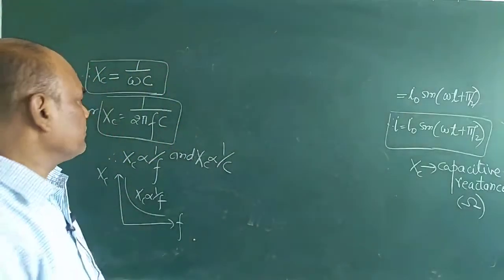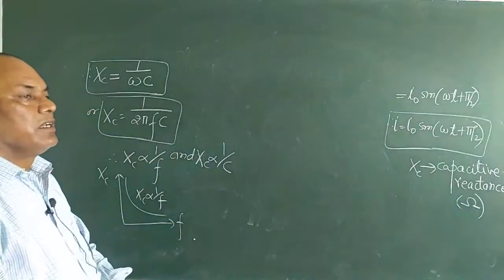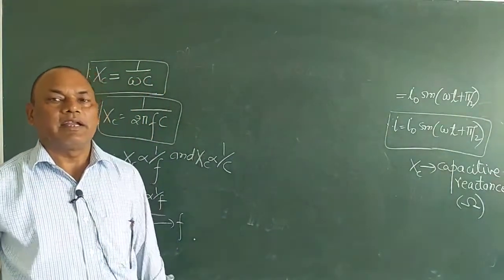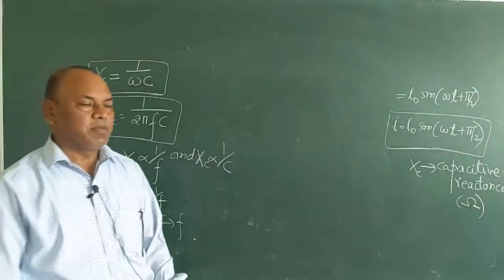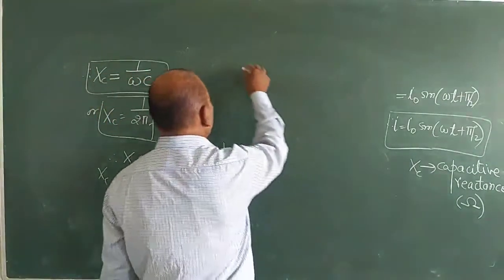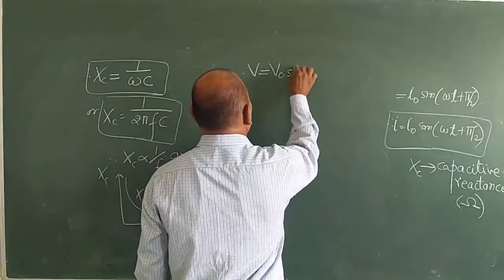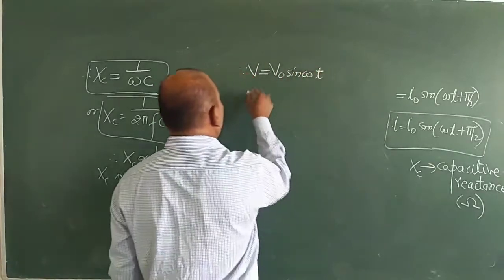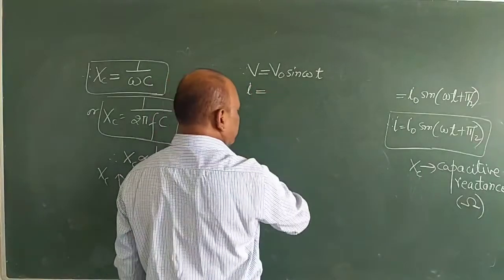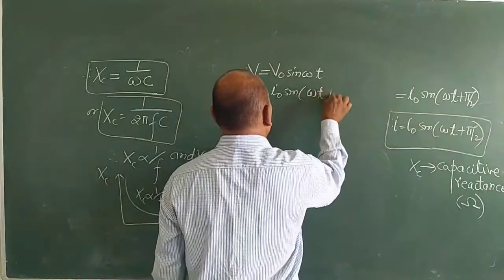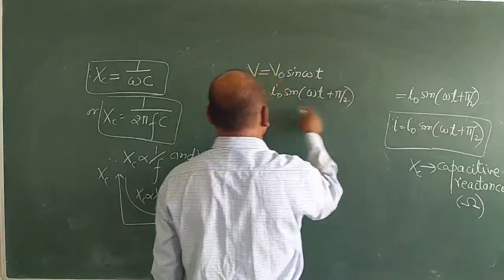Now here, try to understand the phase relation between voltage and current in the case of capacitance. Applied voltage V is equal to V0 sin omega t and obtained current I is equal to I0 sin omega t plus pi by 2.